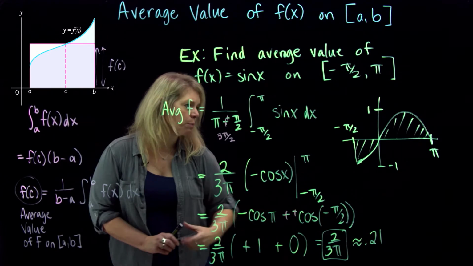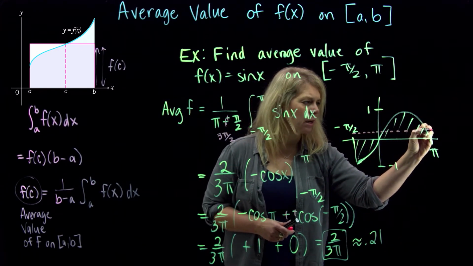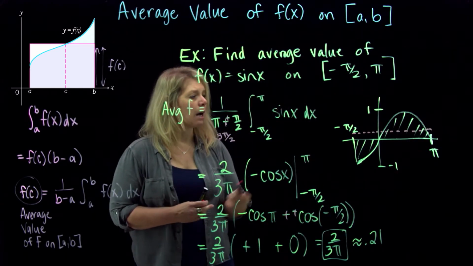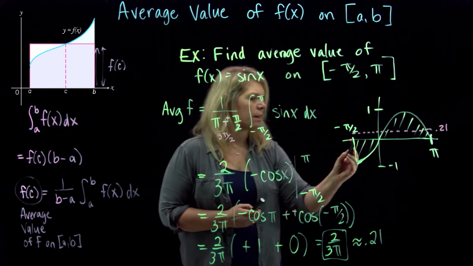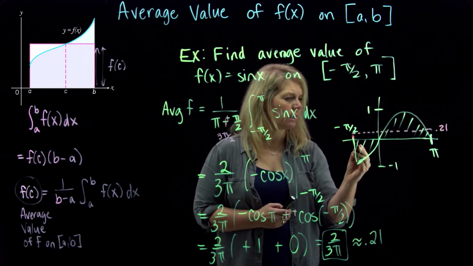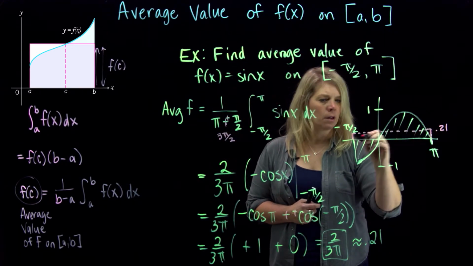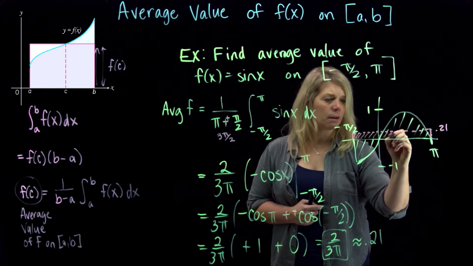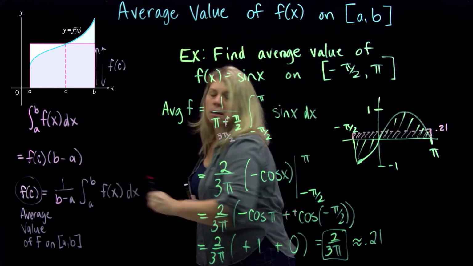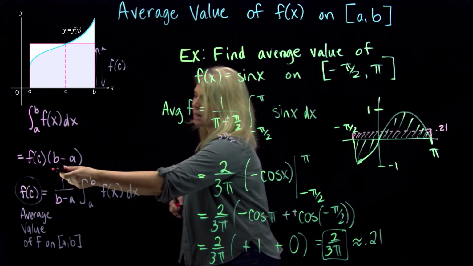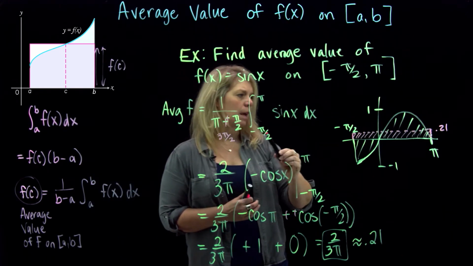So at about 0.21, if I drew a line all the way across here, and I looked at the height of that function at about 0.21, and I multiplied that by the width of this interval from pi to negative pi over 2, that is 3 pi over 2 is the width of that interval, the actual area of this rectangle, f of c times the width, b minus a, would be the same as the value of that integral on that interval here.